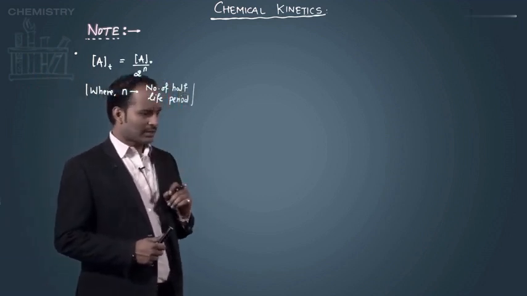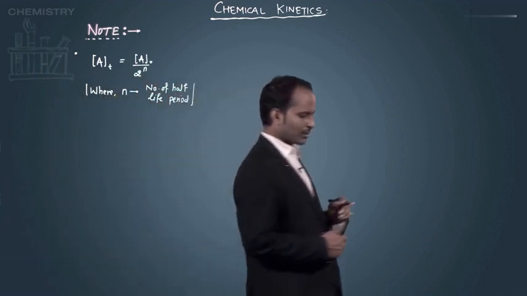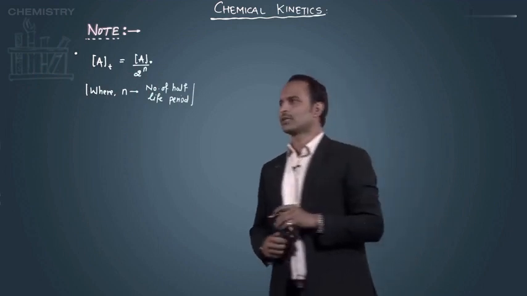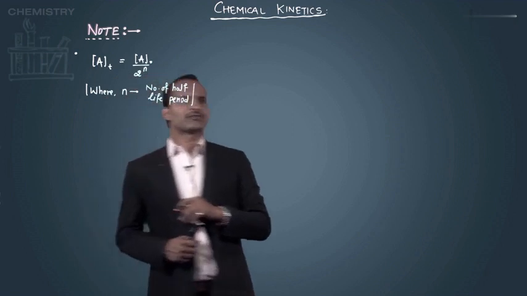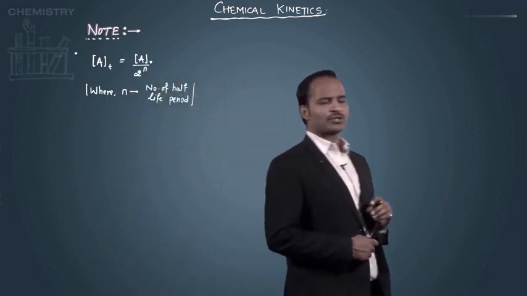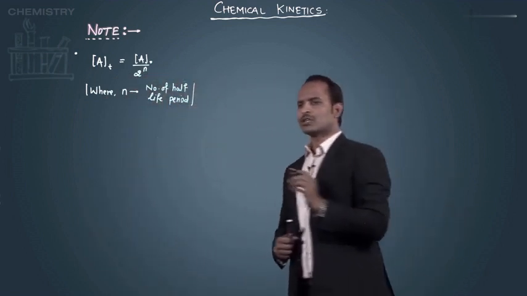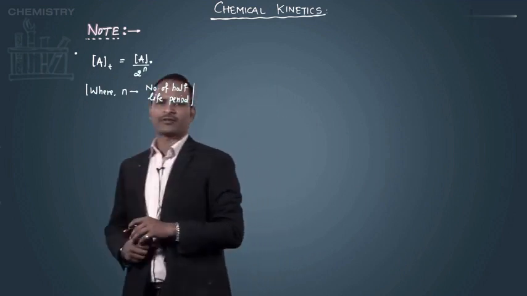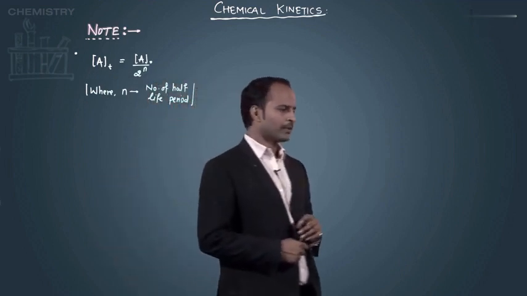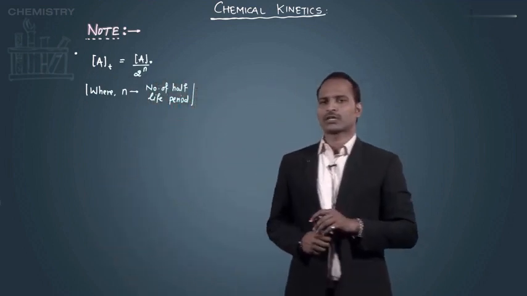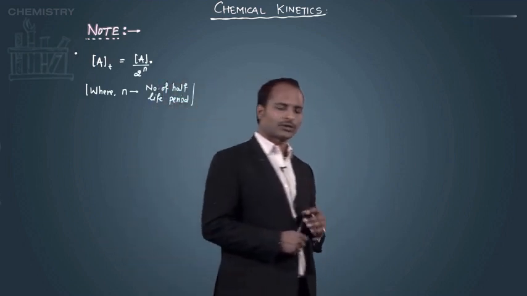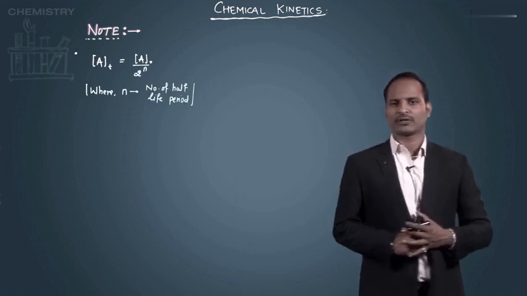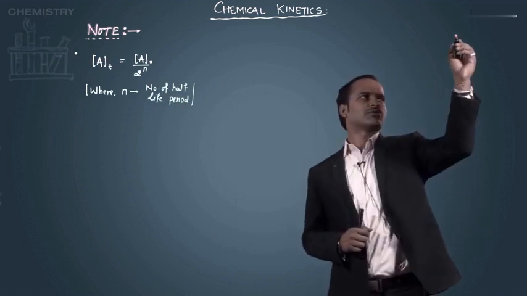For example, suppose a question is asked like, if 80 grams of reactant was taken in the beginning, then how much amount of reactant will be left after 4 half-life periods? So the initial amount taken is 80 molar, and I want the concentration of reactant after 4 half-lives. So here n is equal to 4.